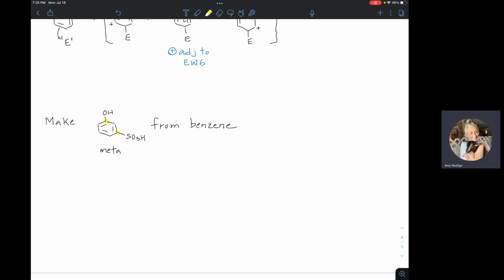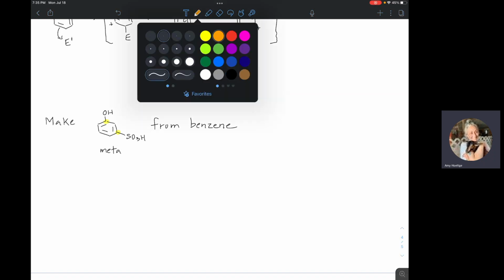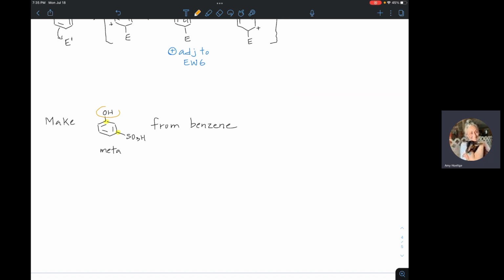The hydroxyl group is, I'm going to do this in different colors to help out. This is an ortho-para director. Right? It's an activating group. It is an electron releasing group. Write down everything you know about these groups, right?